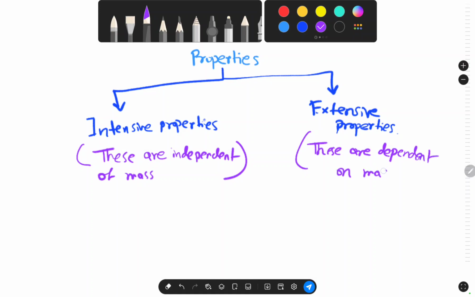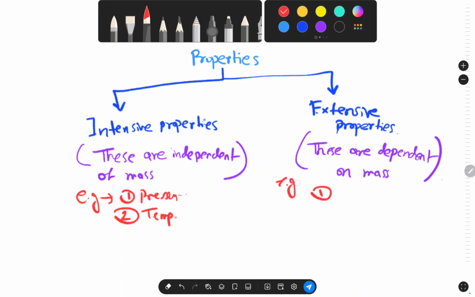Now let us take some examples. Examples of intensive properties: pressure, temperature. Examples of extensive properties: volume, energy.